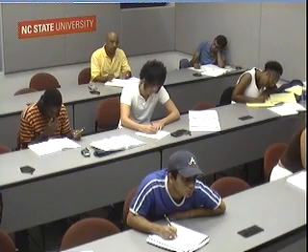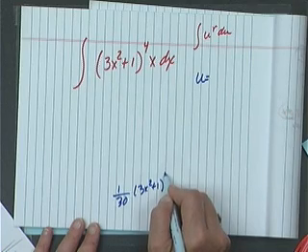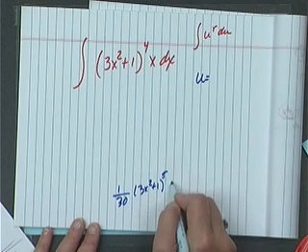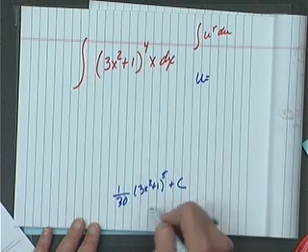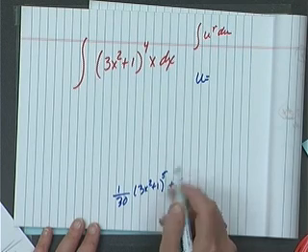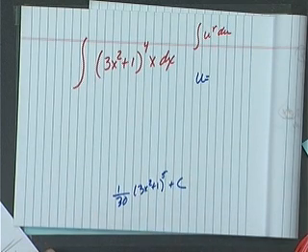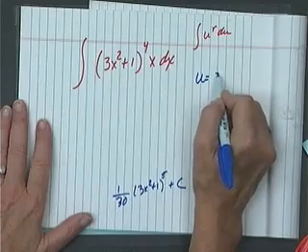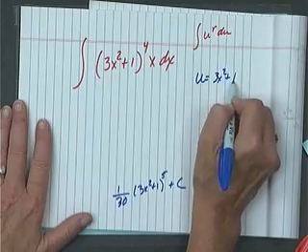U is 3x squared plus 1. And this is raised to the 5. Anybody else get that answer? I'm pretty sure it's right. I think that's right. All right, did everybody pick u to be 3x squared plus 1?